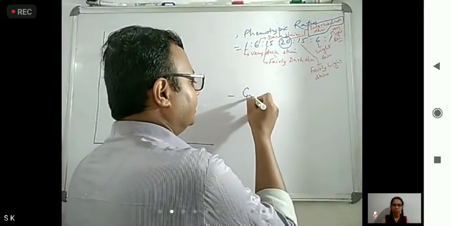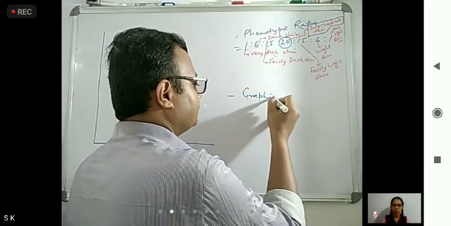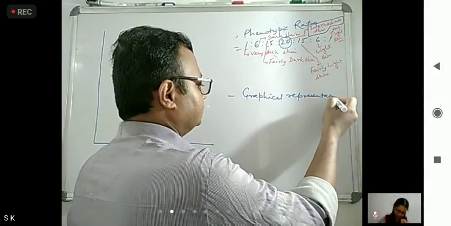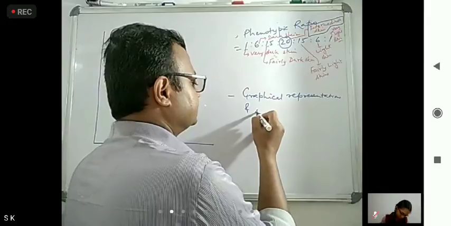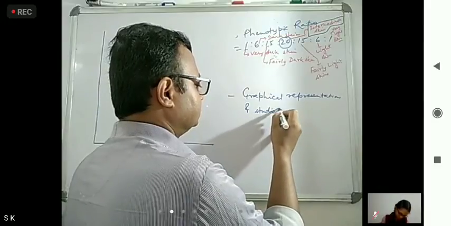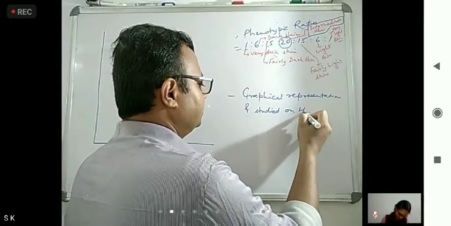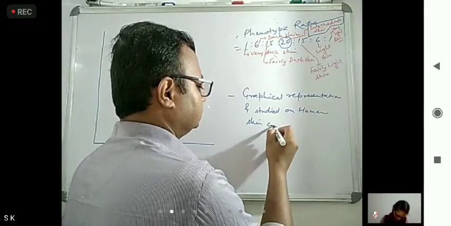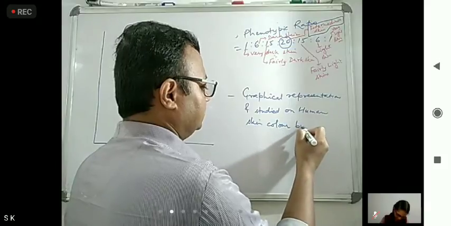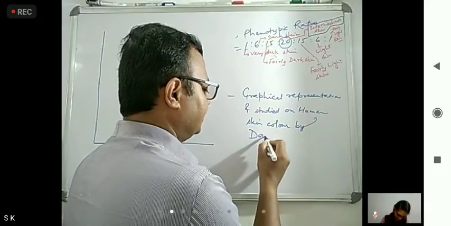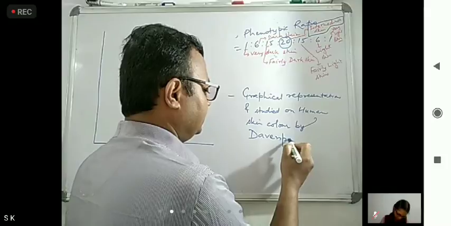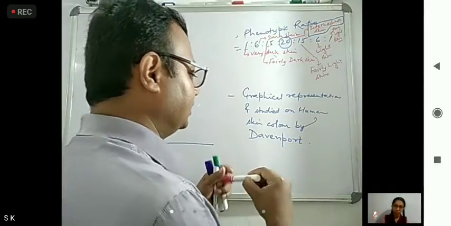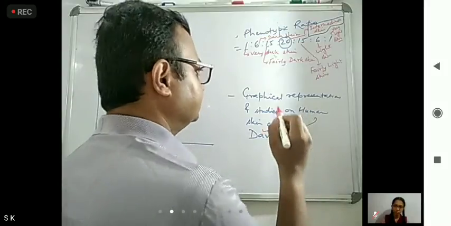So the graphical representation studied on human skin color is by the scientist Davenport. This scientist graphically represented this.